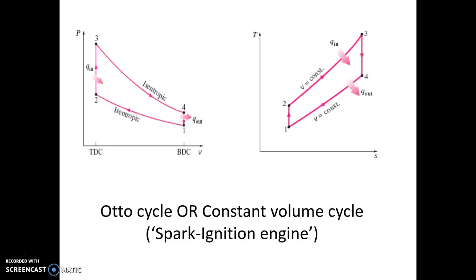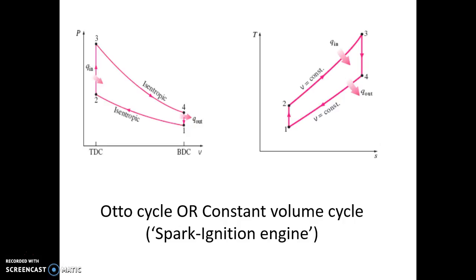And from 2 to 3 the fuel is added into the combustion chamber or the cylinder. This process, the adding of fuel or heat into the cycle, is a constant volume process, so it is also called a constant volume cycle.